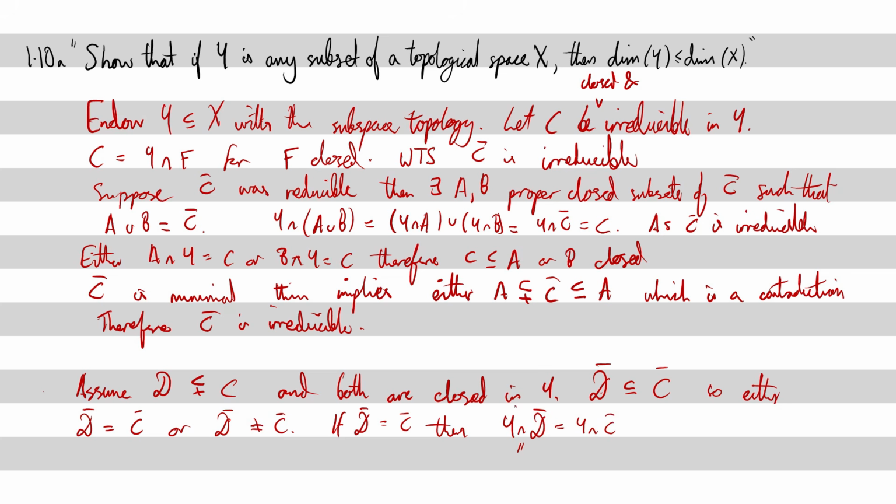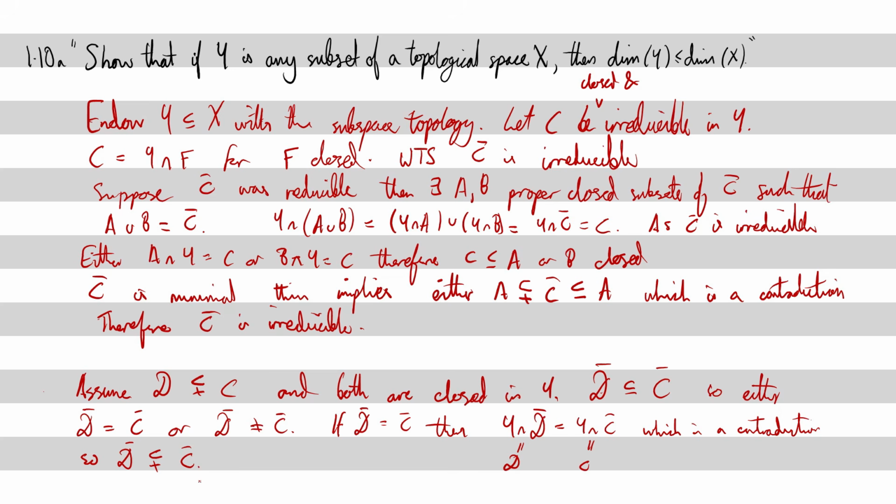But this we have discussed is equal to D, and this is equal to C. This would violate the properness of D, which is a contradiction. So D bar is a proper subset of C bar.